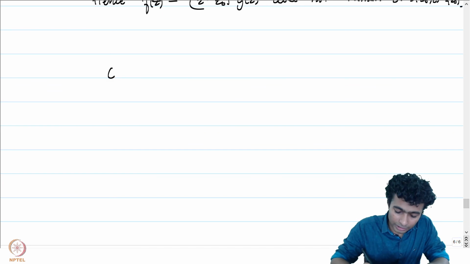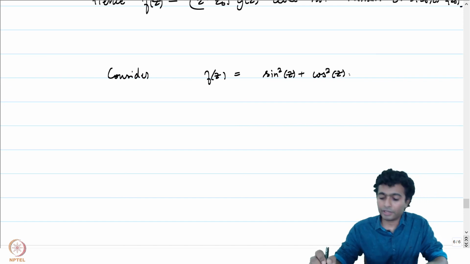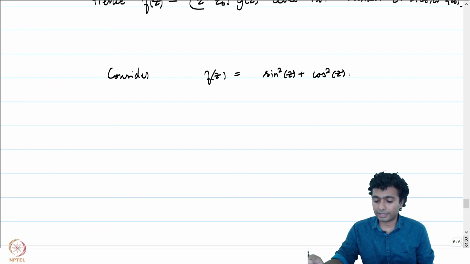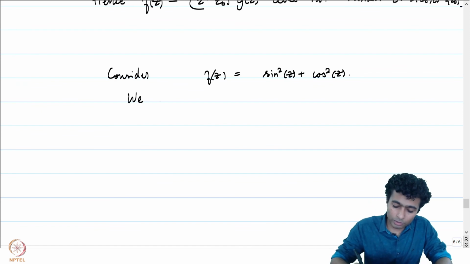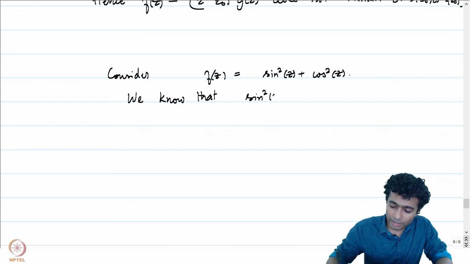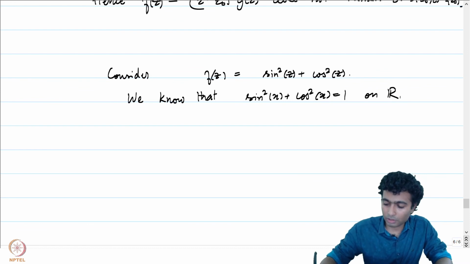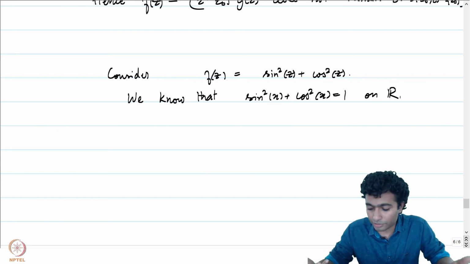So for example, consider the function f of z equal to sine square z plus cos square z. We know that sine z and cos z extend the sine function and cos function which are defined on the real line, and we know that sine square x plus cos square x is equal to 1 on R. Now R is certainly one set which has limit points.